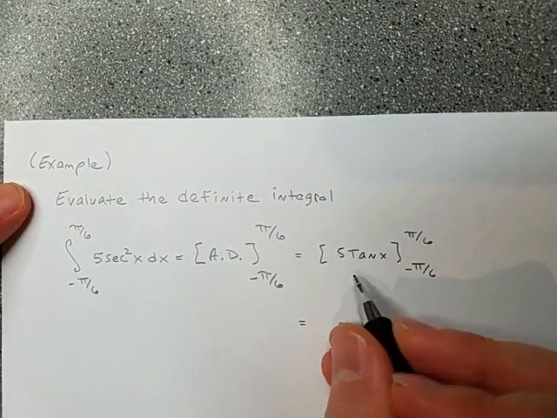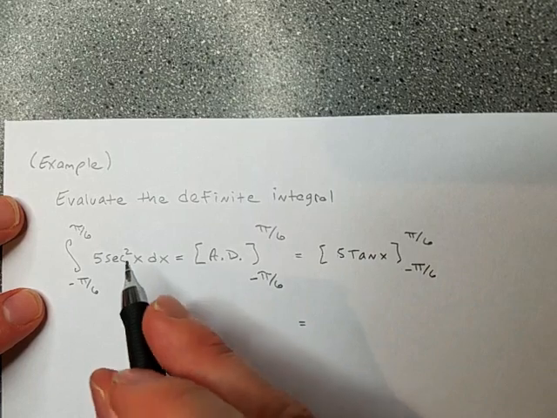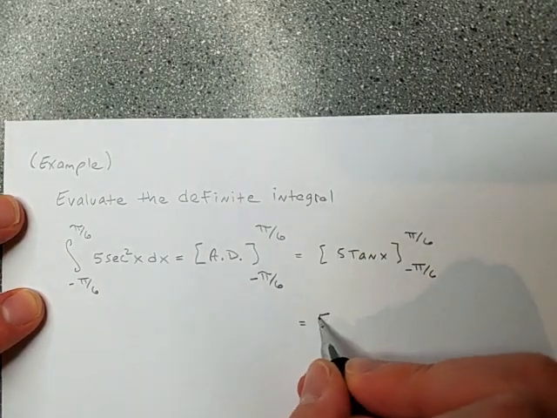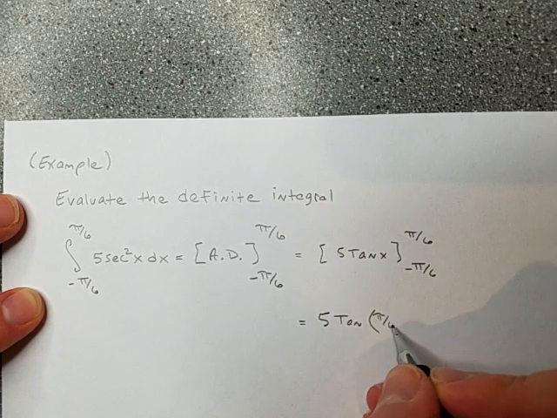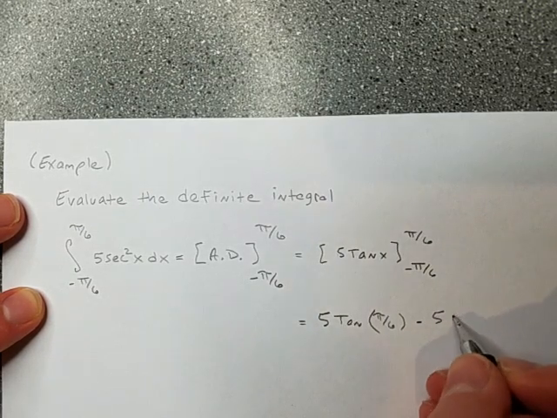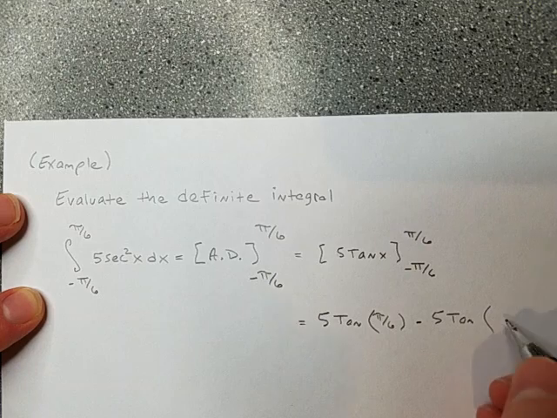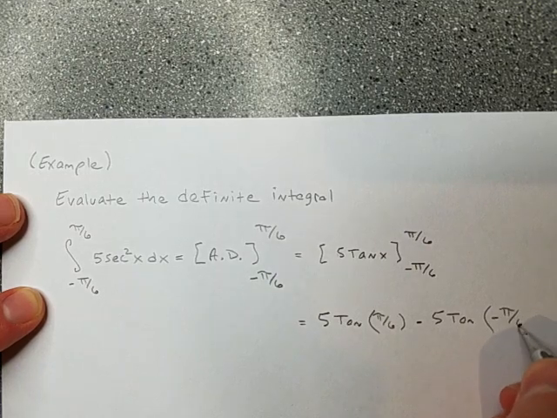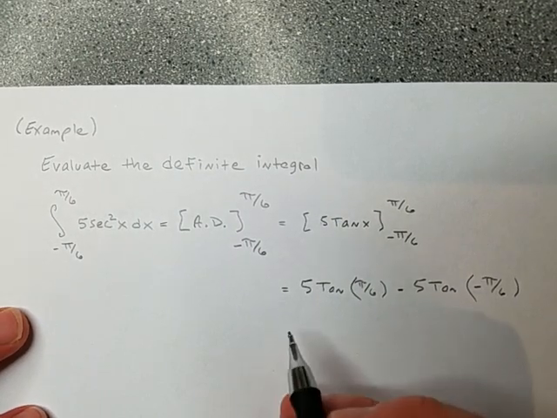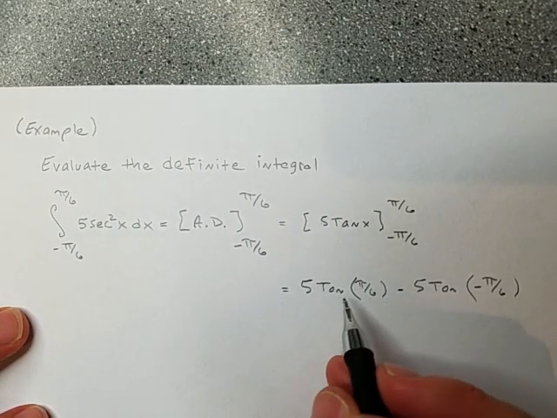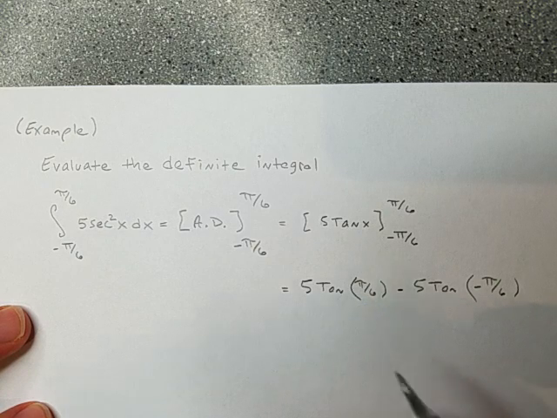Okay, so now that I've got that, I have my antiderivative of 5 secant squared. I do 5 times tangent of pi over 6 minus 5 times tangent of negative pi over 6. Okay? All right, so tangent, so that's 30 degrees. Tangent of 30 degrees is root 3 over 3.